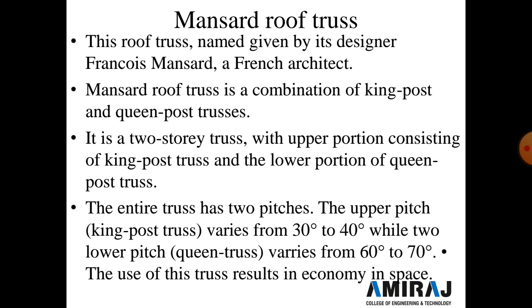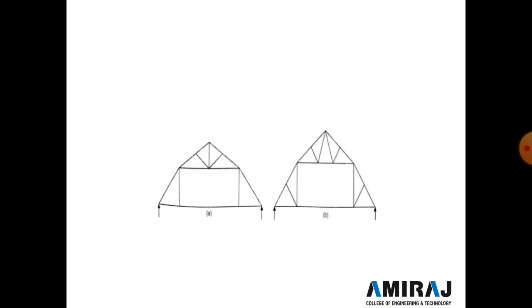The upper pitch, the king post truss, varies from 30 to 40 degrees, while the two lower pitches, the queen post truss, vary from 60 to 70 degrees. The use of this truss results in economy of space. See this figure.